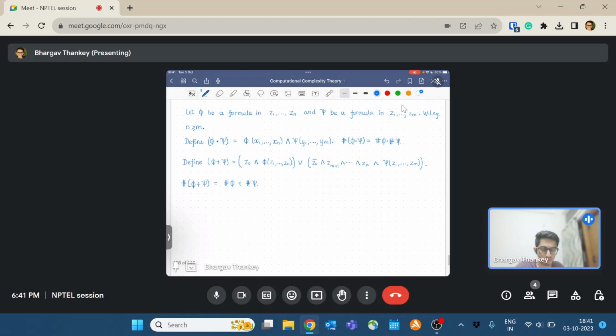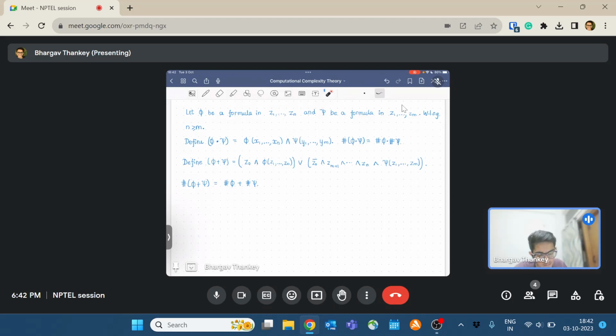Okay, and the reason is the following. So let us suppose that z0 to zn is a satisfying assignment of phi plus psi.